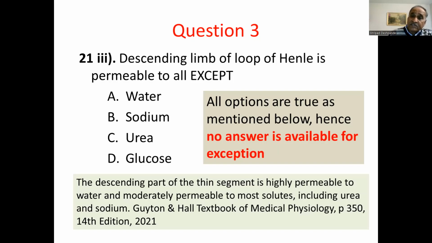But under circumstances where it crosses the TMG, the transport maximum of glucose, the glucose appears in the subsequent portions of the nephron, especially the loop of Henle, the distal convoluted tubule and collecting duct. Under such circumstances, the glucose will permeate. So that is the point. Therefore, this question does not have an answer.